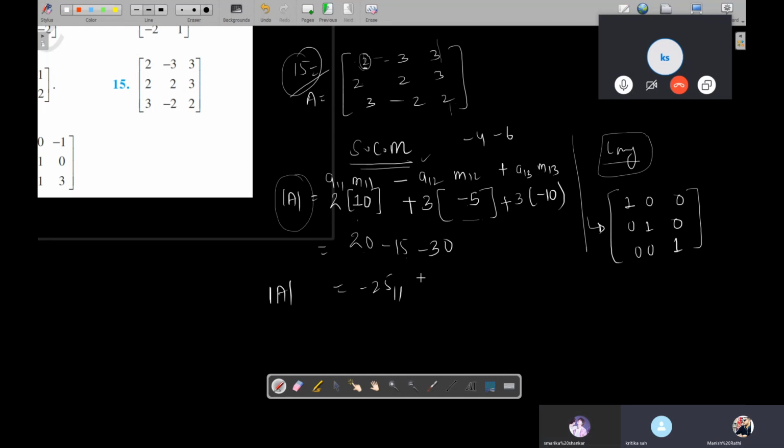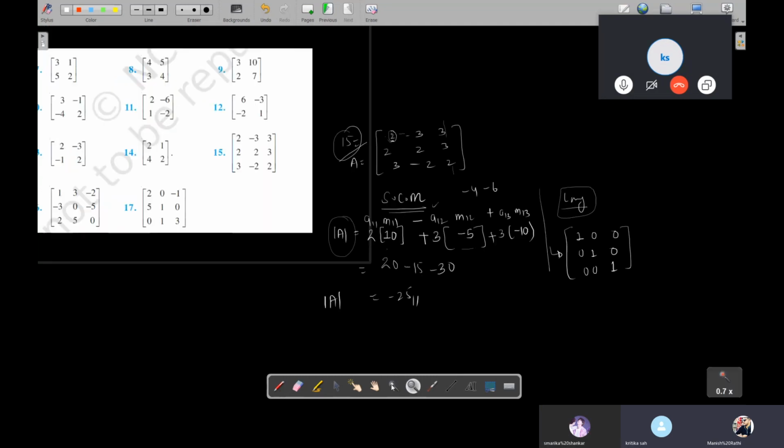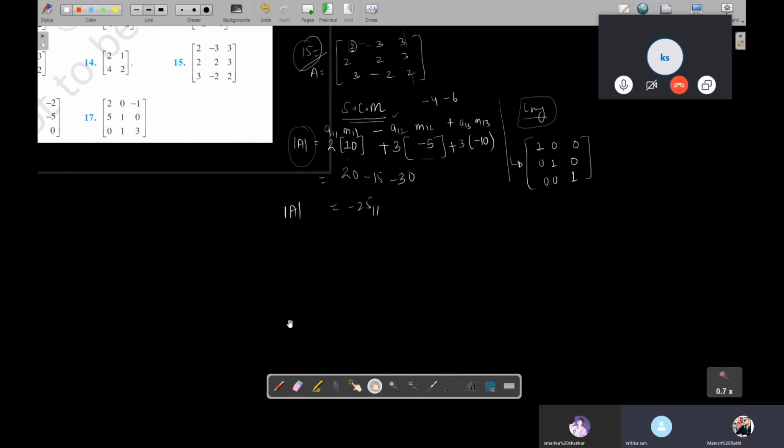If determinant of A is not equal to 0, that means you can find the inverse, because it's a non-singular matrix. Now after finding the determinant of A, I need to find the adjoint of A. For getting the adjoint, I need to find cofactors. So in order to find cofactors, first I need to find minors.